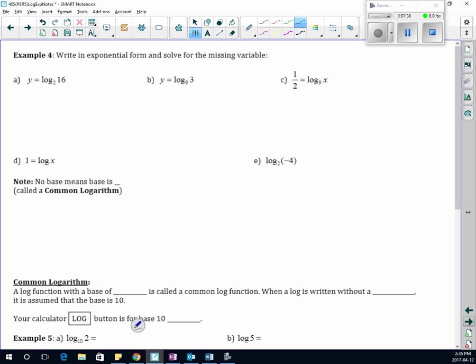But again, if you don't have your brain understanding that yet, it's way easier to change it to exponential. So 2 to the power y equals 16, and then solve what you did for last night's homework. Solve what the exponent should be. So 2 to the power y equals 2 to the power 4, so y equals 4.